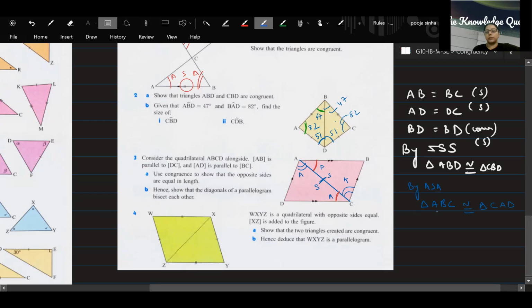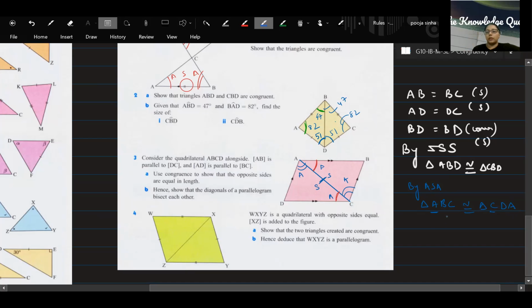I always prefer that if we made A equal to C, then A should go with C, and B should go with D. And then this is CDA. It's not important right now, but when we do similarity it becomes very important. We'll keep the corresponding parts equal, in the same manner.